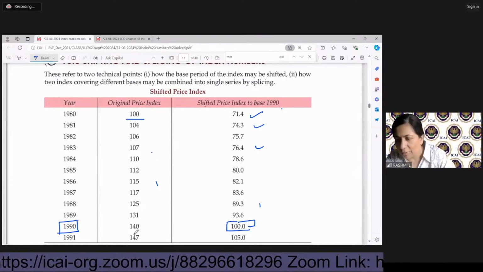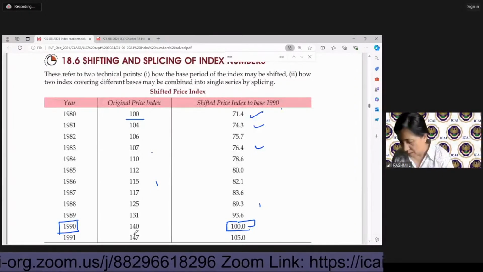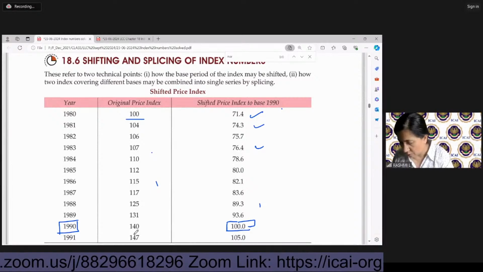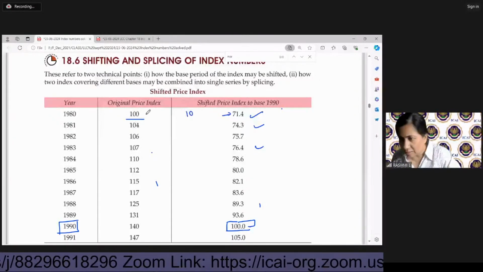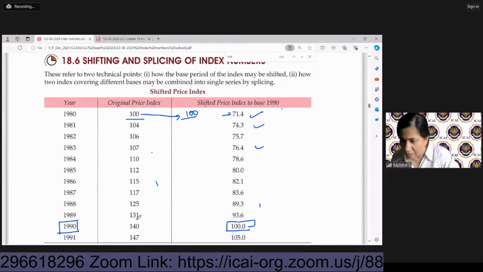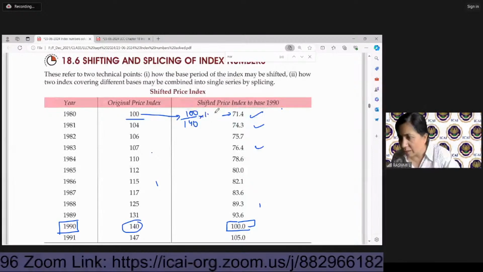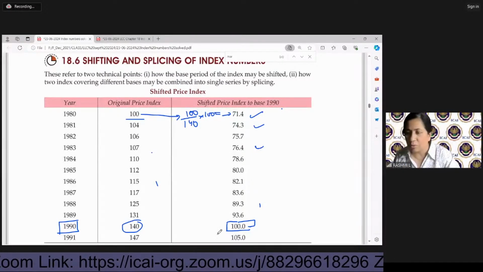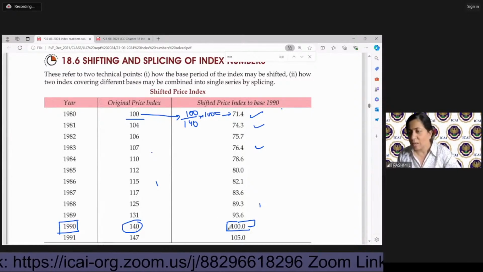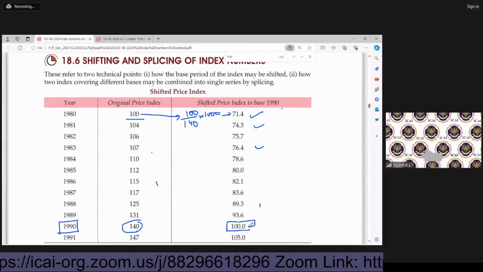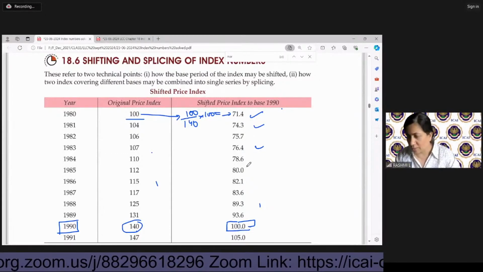So 100 upon 140, 100 divided by 140. This number 140 into 100 gives me 71.4. So when 1980 was 100, 1990 was 140. But now we have made 1990 as the base year, you will have the index shifting. So the index value shifts.